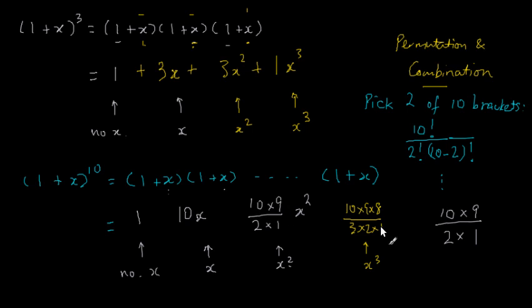So we have a formula in which there is a pattern. That's for x cubed, and so on. And when we add all this up, we get our expansion for this 1 plus x to the power of 10.